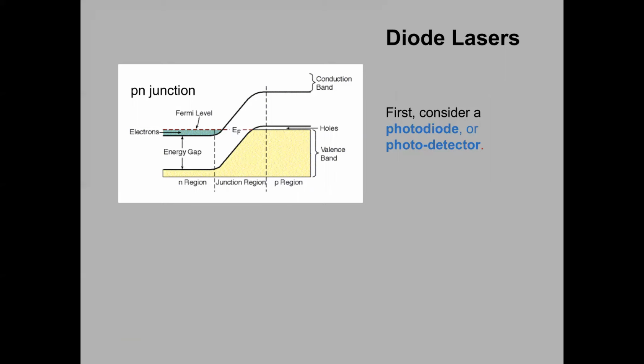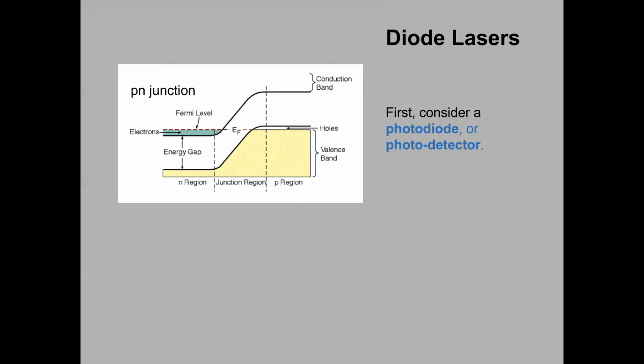We call that the N region. One semiconductor is essentially missing electrons, so it has a net positive charge. That's called the P region, or the positively doped region. This creates an energy level difference between one side and the other.